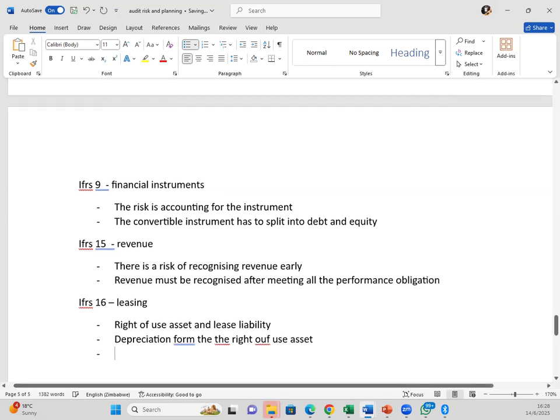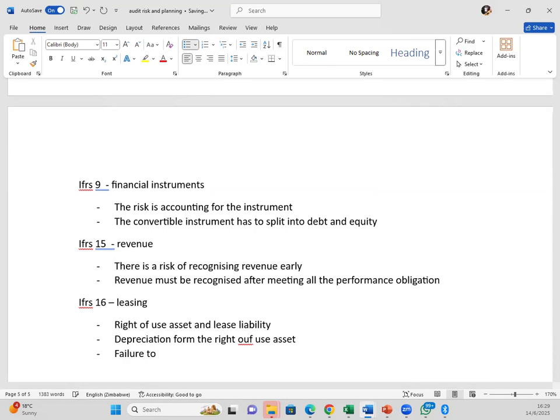The lease liability also has a finance cost, so you might also face a challenge of failure to account for the finance cost of the lease liability.